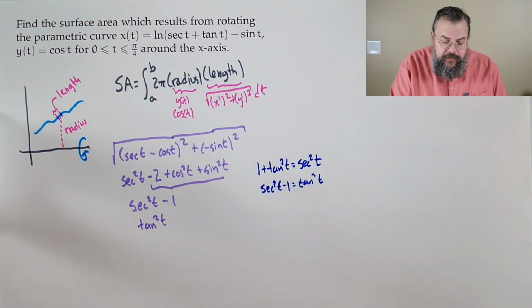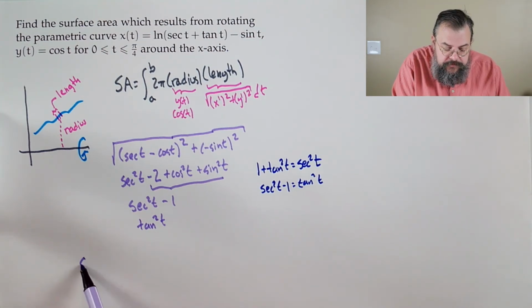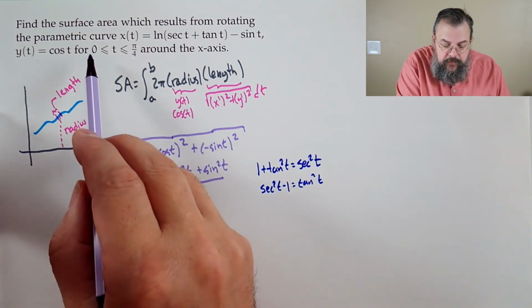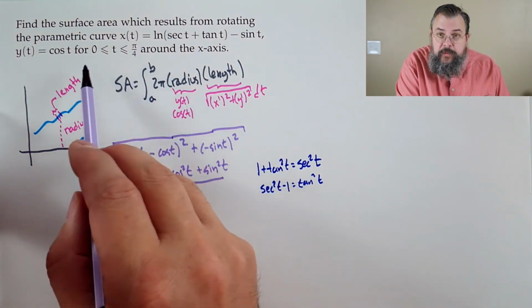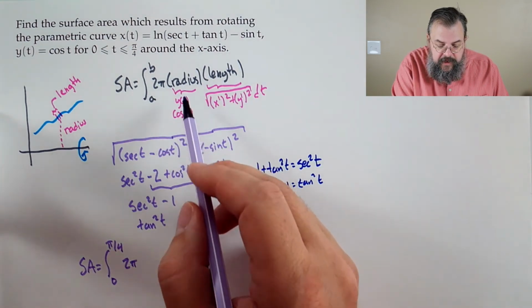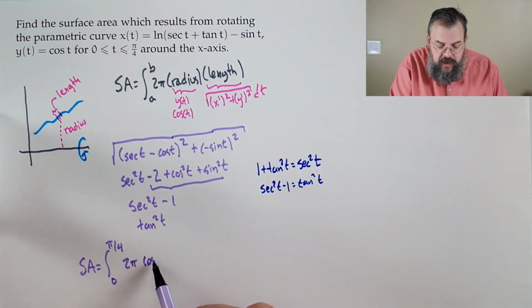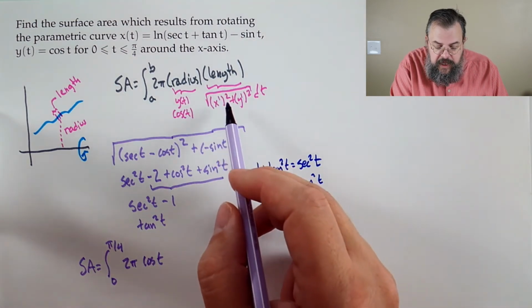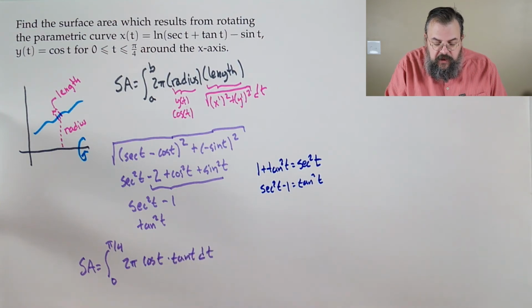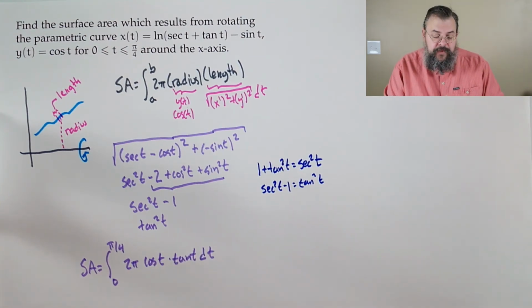All right, so let's see where we're at. What do we have? Our surface area is, adding up from a to b, so from t equals 0 to pi over 4, 2 pi, and then we have our radius, which is cosine of t, and then our length, the square root of tangent squared, which is tangent of t. Okay, so that's what we have to integrate.